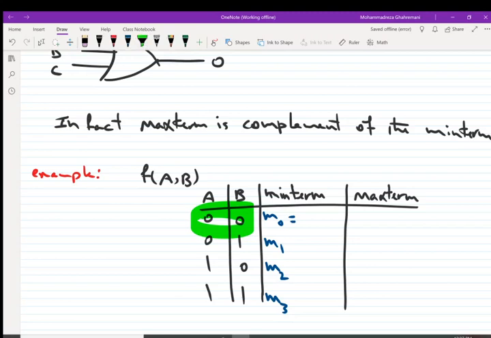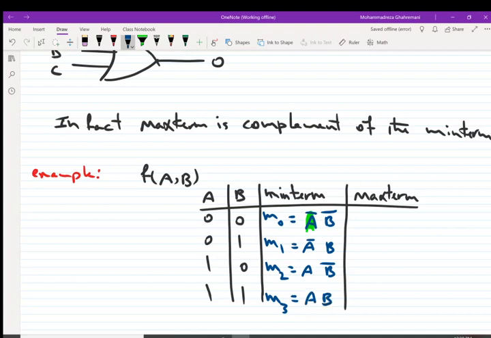Of course, because both of them are 0, A bar, B bar yield a 1. For m1, A is 0, so we say A bar, B is 1, we keep B. For m2, A is 1, we say A, B is 0, we say B bar. For m3, A and B both are 1, so we simply say the minterm is AB.